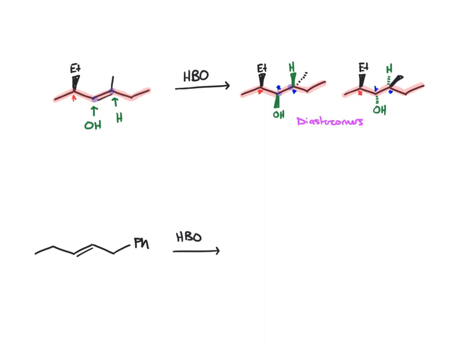Okay, let's do one other example. Here we have this chain with the double bond in the middle, but what you should recognize is that both of these carbons have the same substitution.